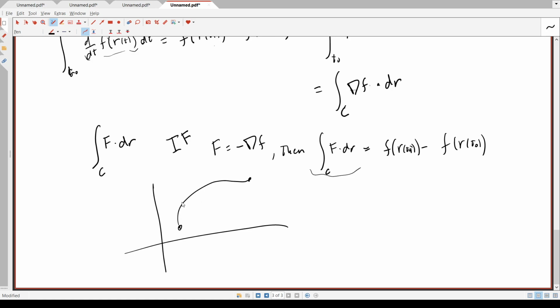So if my curve was this, or if my curve was something like this, I would get the same result for this integral. This is a kind of strange thing, where the path I integrate along doesn't matter if I can write F as the negative gradient of something.